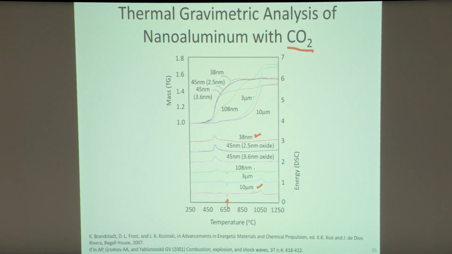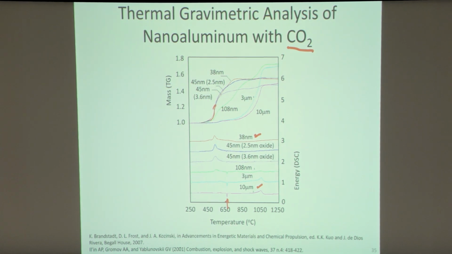Neither of the components have melted, and I'm getting diffusion in the solid state for reaction to occur. And if you notice, when that occurs, the mass is gained on the particles. So in other words, the CO2 is yielding oxygen, which is forming aluminum oxide, and the sample mass is increasing.